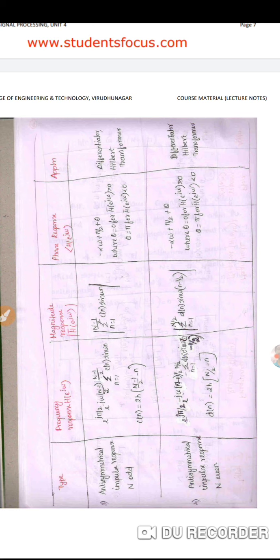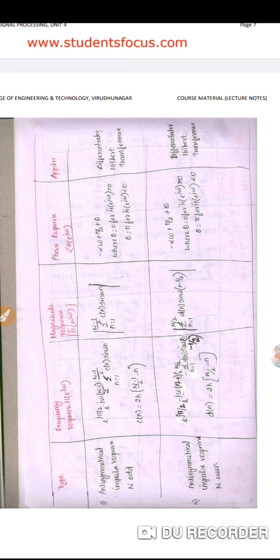It is the second case which we have derived. The magnitude response is the magnitude of summation n equal to 1 to n minus 1 by 2 of c of n into sin omega n, where c of n is 2 times the asymmetric value h of n minus 1 by 2 minus n.